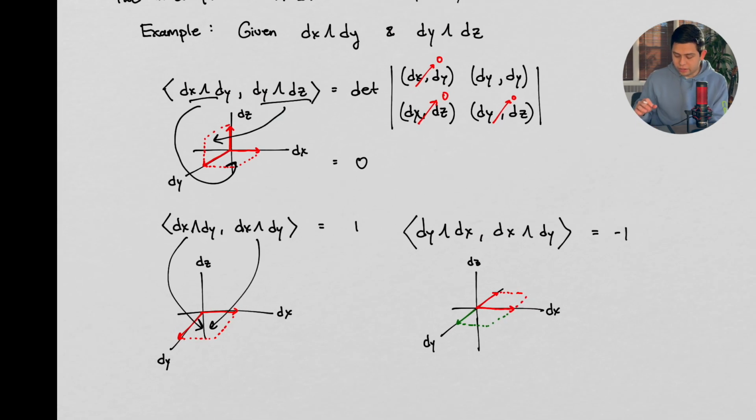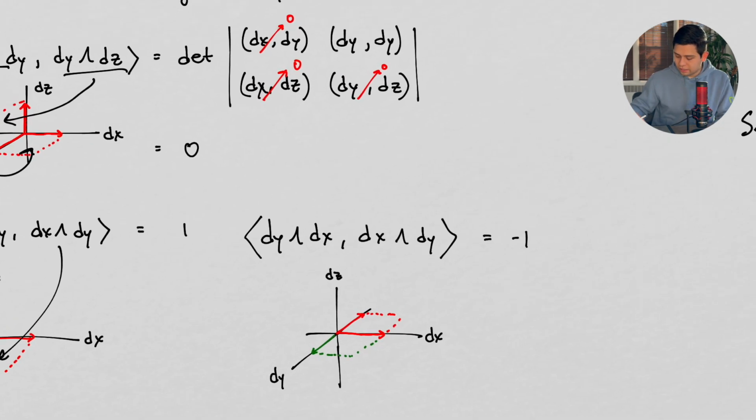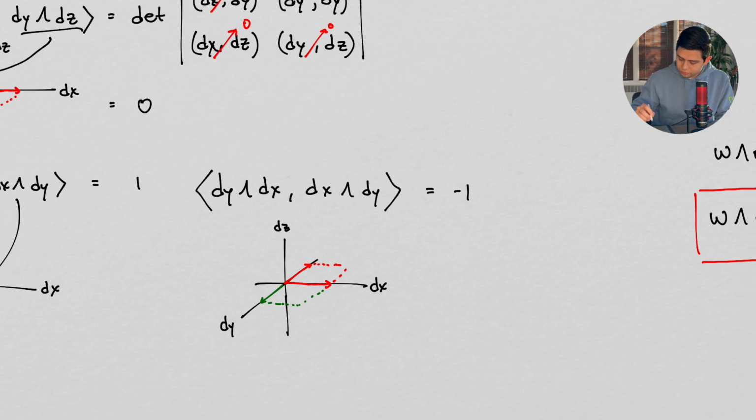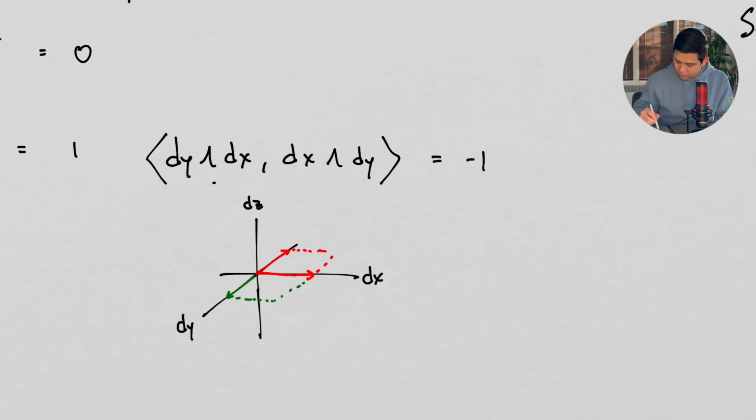What we're actually doing here is something quite interesting. We are generalizing the idea of an inner product for wedge items, so for areas. Let's take a look now at dy wedge dx. That's going to be this area right here.